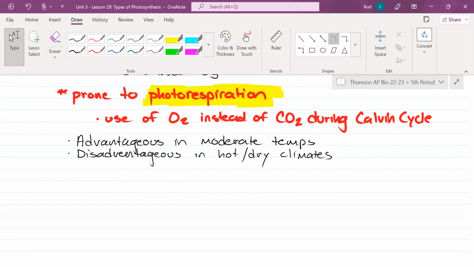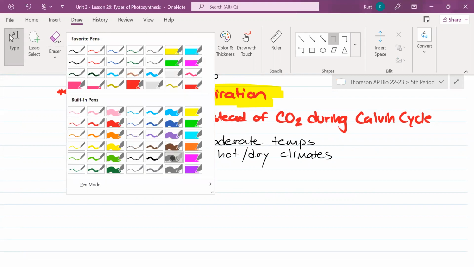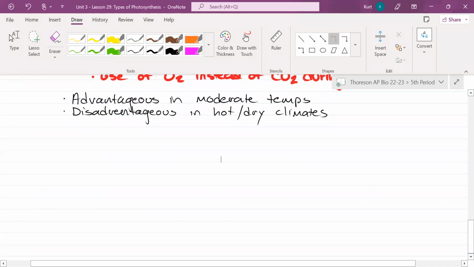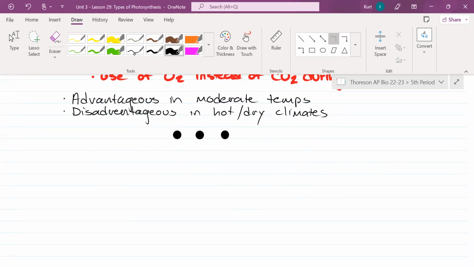So I'd like us to draw the Calvin cycle once again. The Calvin cycle that you have been taught is C3 photosynthesis. So we can do this probably in a couple minutes. We got CO2, CO2, CO2. What is the name of the 5-carbon molecule that's already in the Calvin cycle?